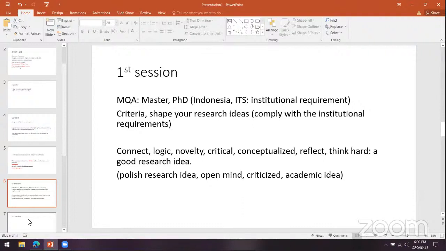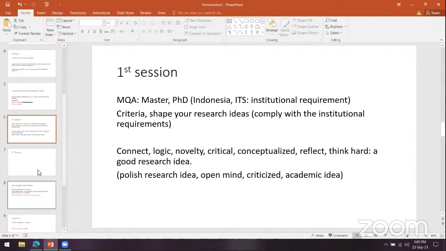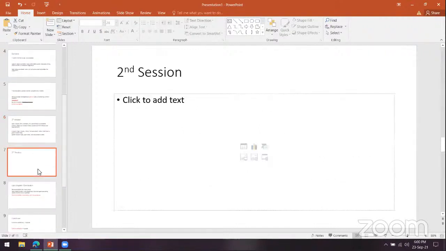Those keywords: connect, logic, novelty, critical, conceptualize, reflect, think hard, would start to build a good research idea. You need to polish the idea from time to time, be open-minded, and accept criticism from your friends. It is merely about academic ideas, nothing to do with your personality.